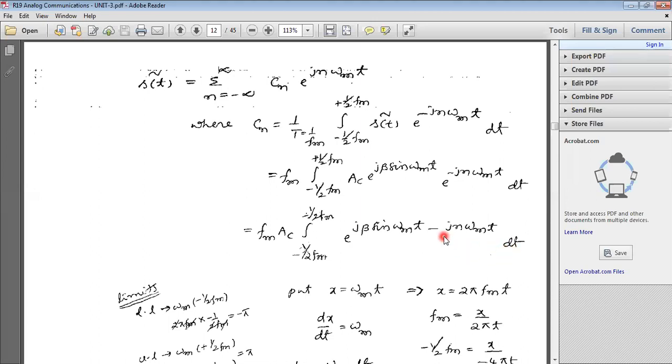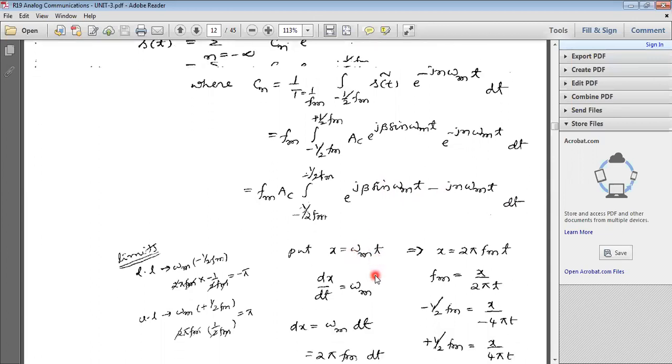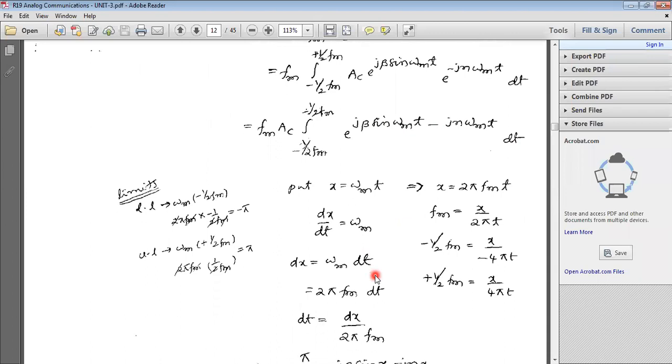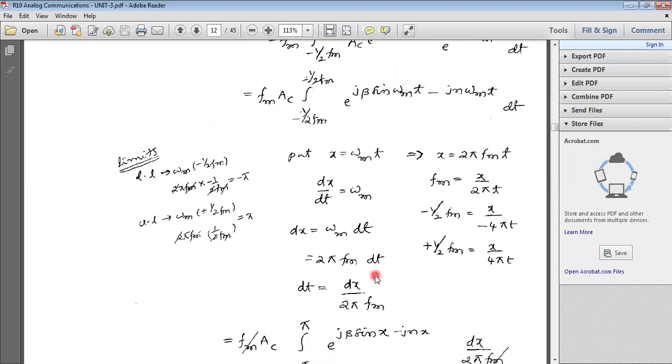Every time it is difficult to write all these parameters, so therefore put x equal to omega mt. Now to calculate the dt value, differentiate on both sides, then dx by dt becomes omega m.